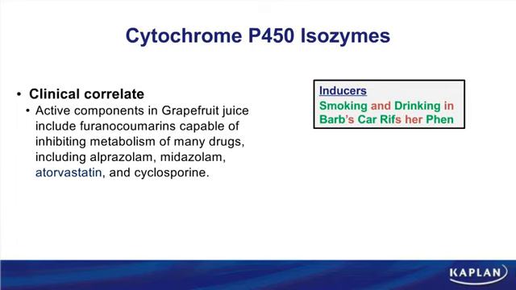Again, the inducer question is less popular on the test, only because the inducer is going to lower the level of the substrate, making it less effective. You know, the only time an inducer question becomes really, really exciting is if the substrate happens to be an oral contraceptive. Now think about that scenario. Why is that an exciting question?